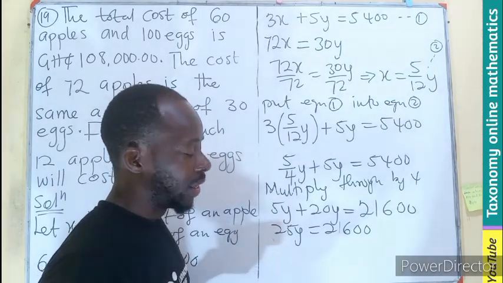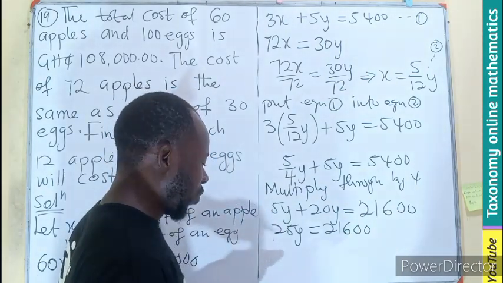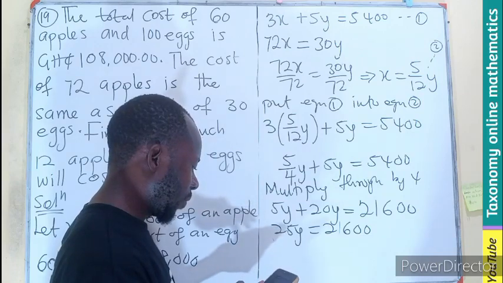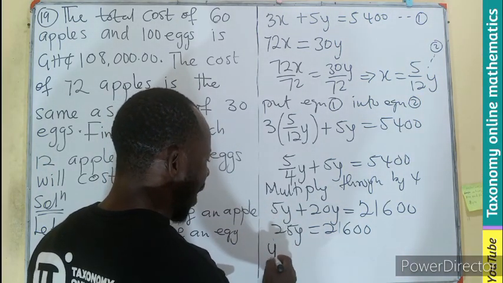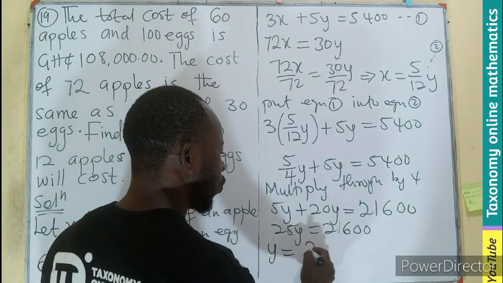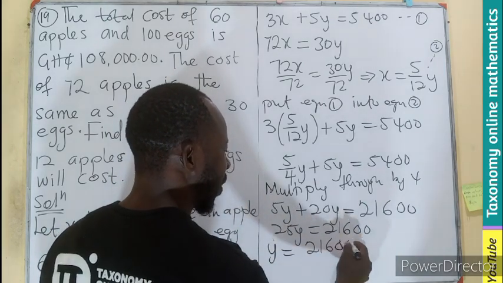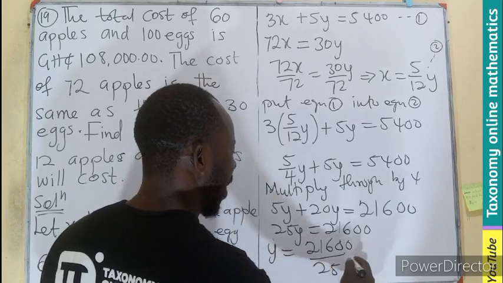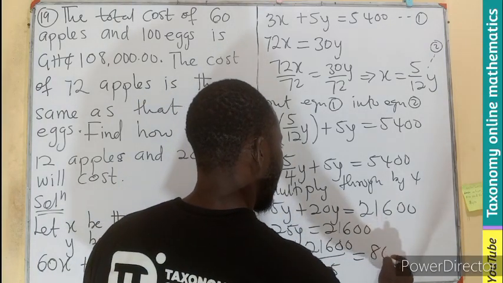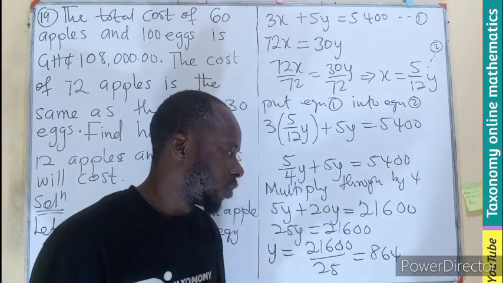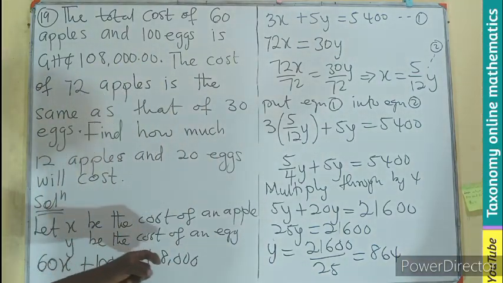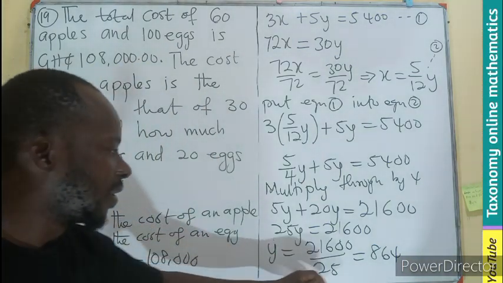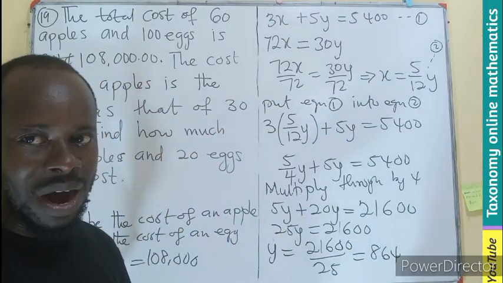But we are looking for y, so we divide both sides by 25. y will be equal to 21,600 over 25, which equals 864. So the value of y, meaning the cost of one egg, is 864 Ghana cedis.